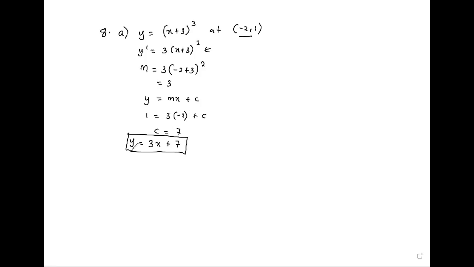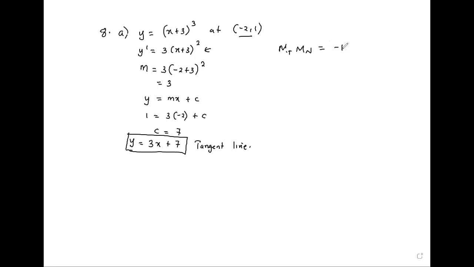After having a tangent line, we go for the normal line at the point (-2, 1). For the normal line, mt multiplied by mn is equal to -1.